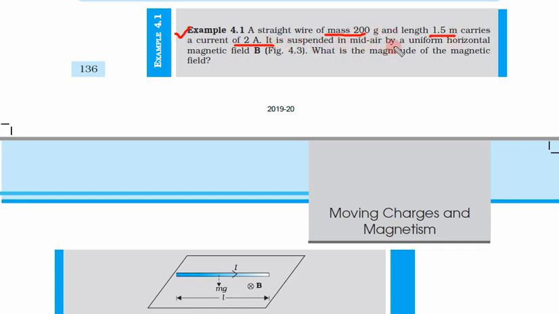It is suspended in mid-air by a uniform horizontal magnetic field B. So the magnetic field is B. What is the magnitude of the magnetic field? Again there is a hint in the question: mass is given, that means force, length L is given, current I is given, and it is suspended in the air with some magnetic field B. What is the magnitude of that magnetic field?